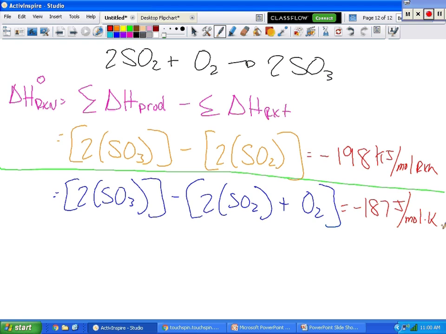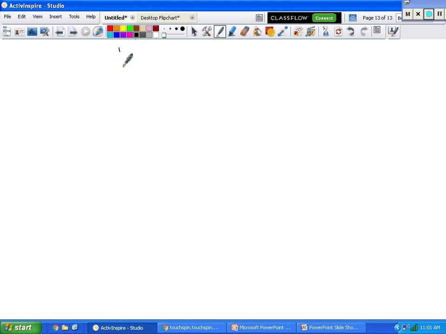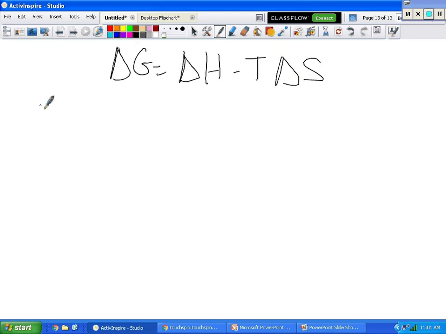Now, how do we get it to G? What formula is that? Gibbs-Helmholtz. Okay? So delta G equals delta H minus T delta S. So we know that delta H was negative 198.